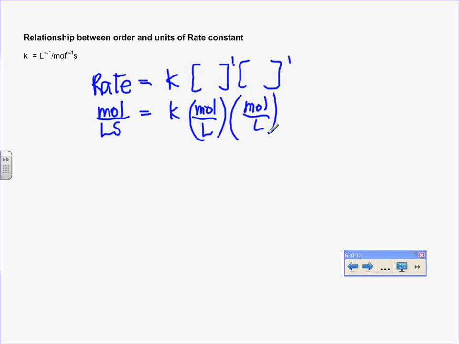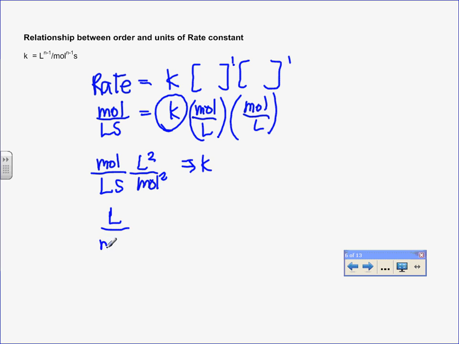If we want to rearrange to find the units for the rate constant, we've got mole per liter per second, and we're going to bring the liter squared over and the mole squared over. Okay, so the units for K are going to be liter per mole second.